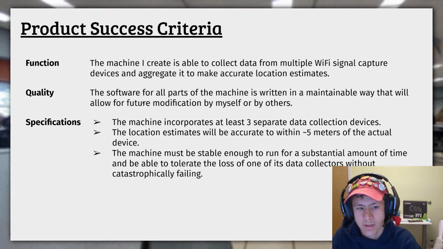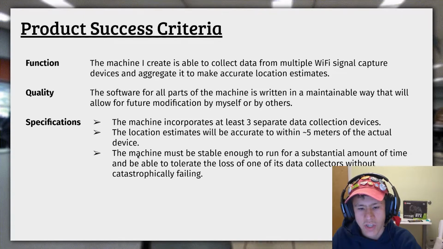For the specifications of the final system, I said that the machine needs to incorporate at least 3 separate data collection devices, because that's the minimum for trilateration. I said that the location estimates need to be within approximately 5 meters of the actual device. That way the location estimates can be considered useful.